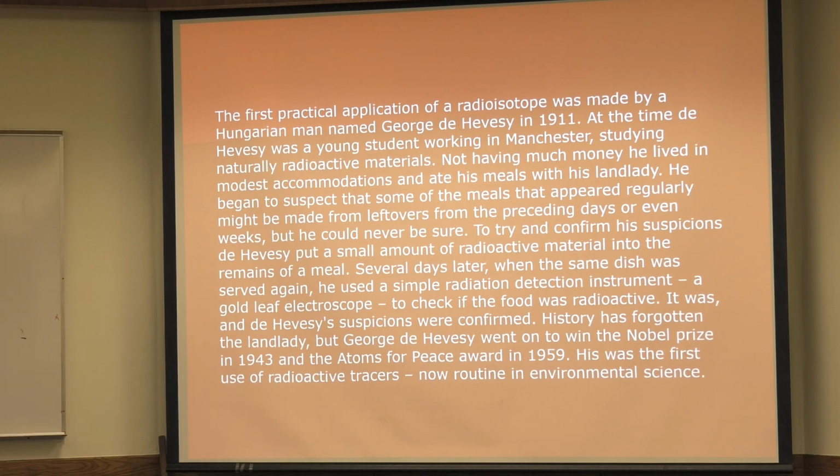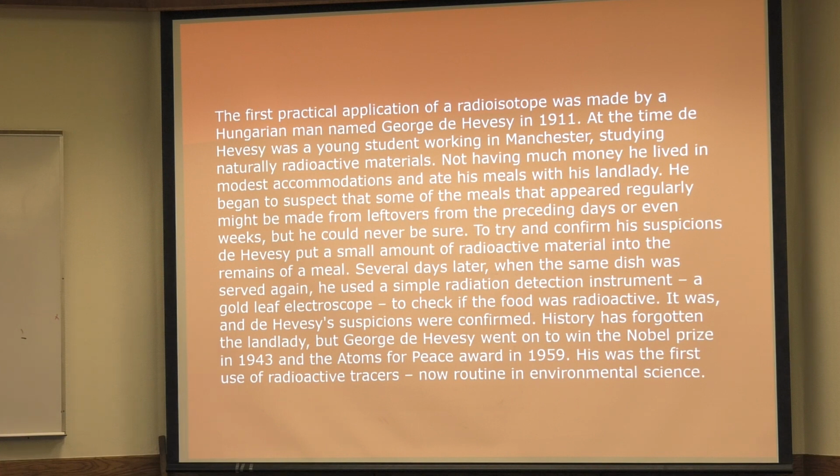To try and confirm his suspicions, de Hevesy put a small amount of radioactive material into the remains of a meal. Several days later, when the same dish was served again, he used a simple radiation detection instrument, a gold leaf electroscope, remember we talked about that, to check if the food was radioactive. It was! And de Hevesy's suspicions were confirmed.